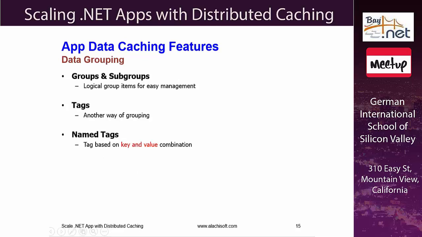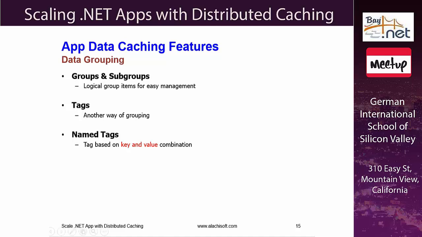Data grouping is another very important feature. Again, so that you can add more and more data to the cache, you want to be able to associate multiple items together logically, so that instead of searching on an attribute, let's say you may not have an attribute. Maybe you're just adding stuff and calling it my important set of objects.